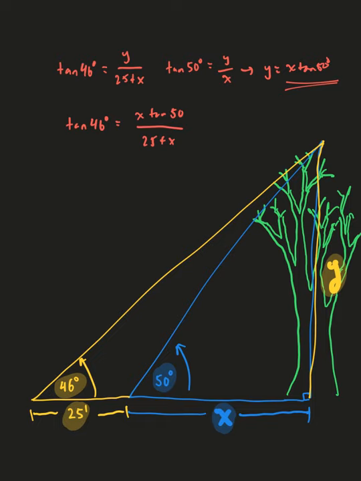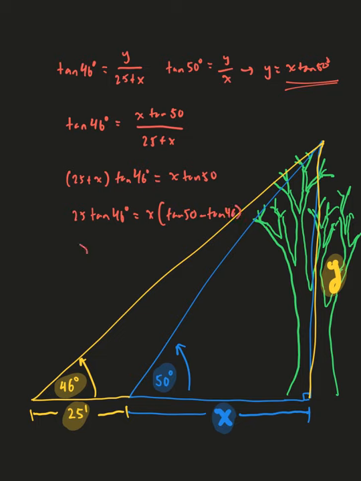Just multiply both sides of the equation by 25 plus x. And then distributing tan of 46, which is really close to 1. And you end up, after a little bit of manipulating, you get 25 times the tan of 46 degrees is equal to x multiplied by tan of 50 minus tan of 46.